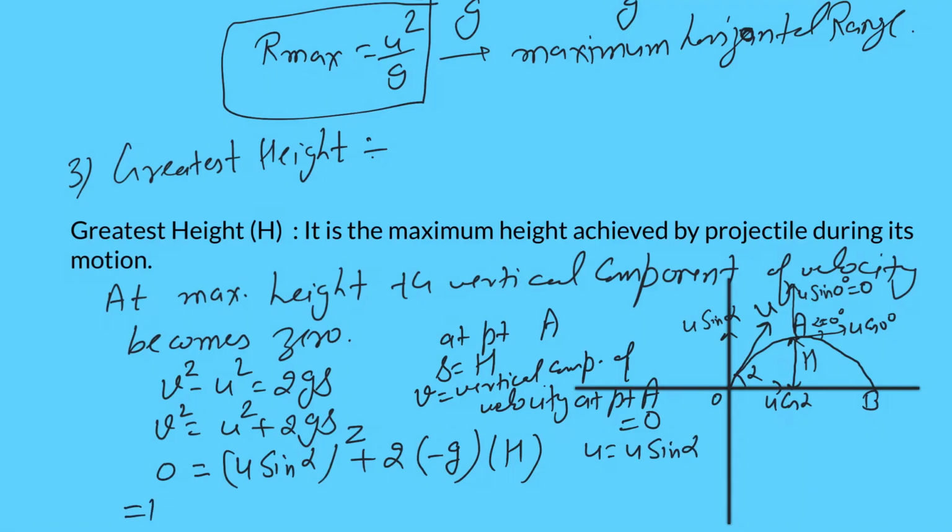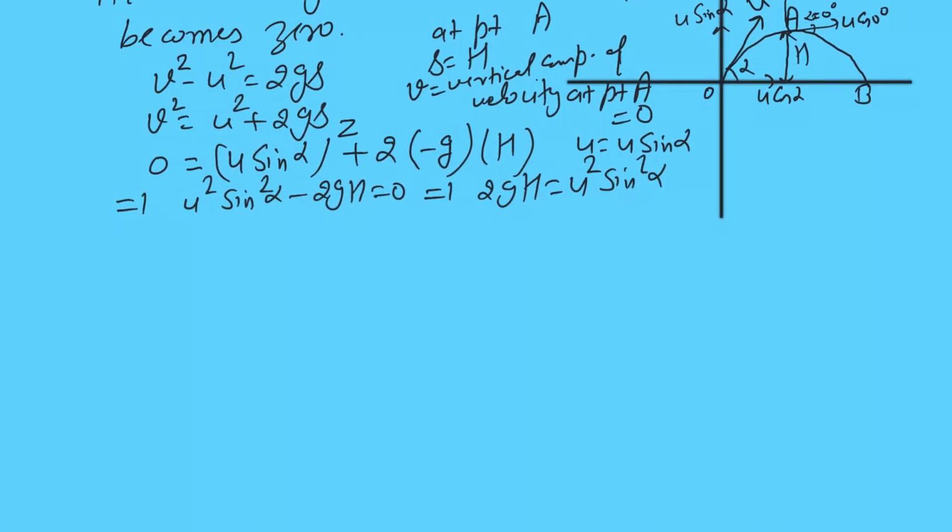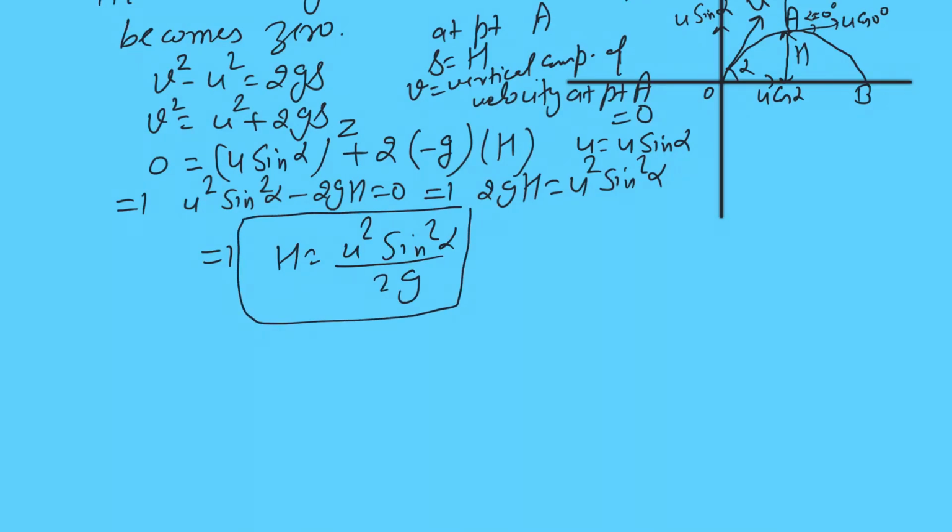So this implies that u square sin square alpha minus 2gh is equal to 0. This implies that 2gh is equal to u square sin square alpha. This implies that h is equal to u square sin square alpha by 2g. So this is the formula for the greatest height of the projectile.